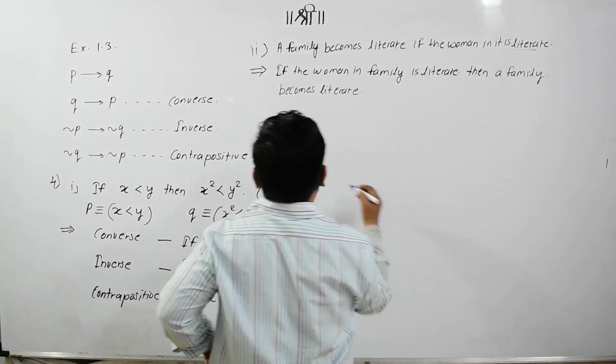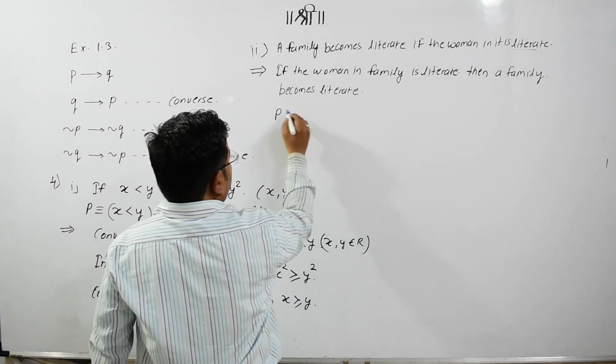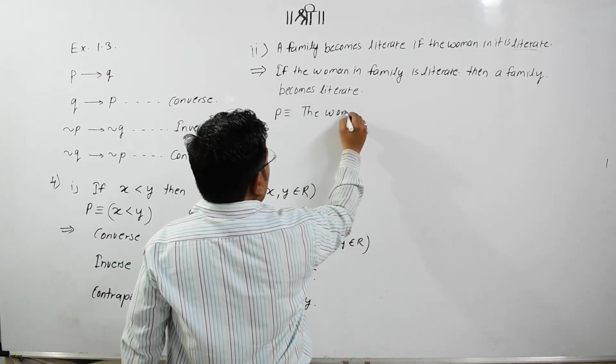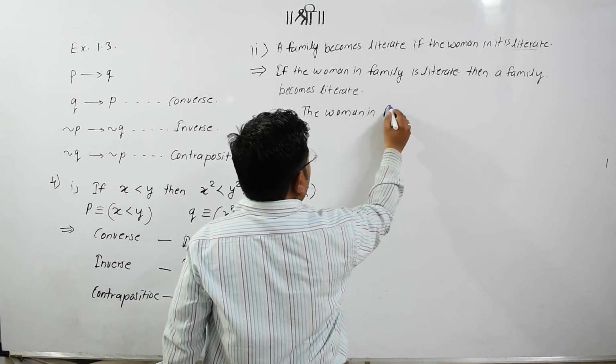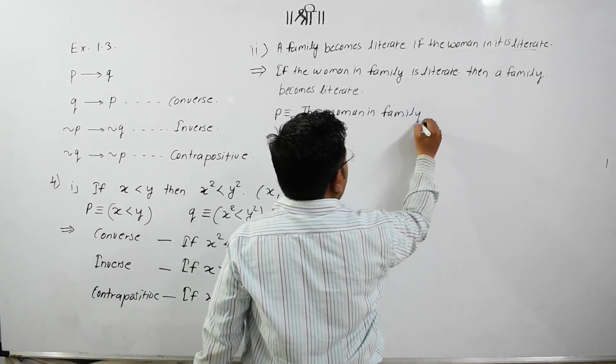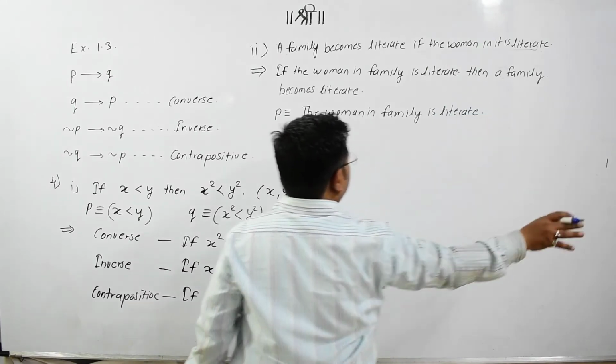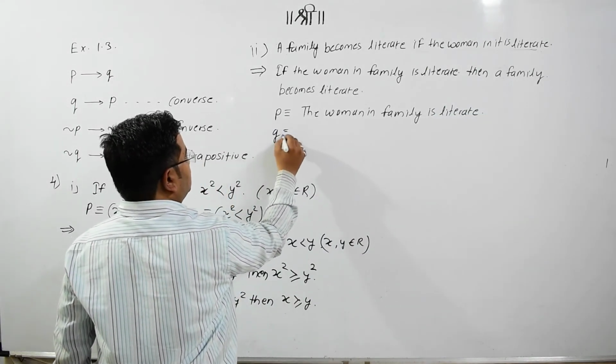So what is our P? In this case, P is nothing but the woman in the family is literate. Now what is Q?